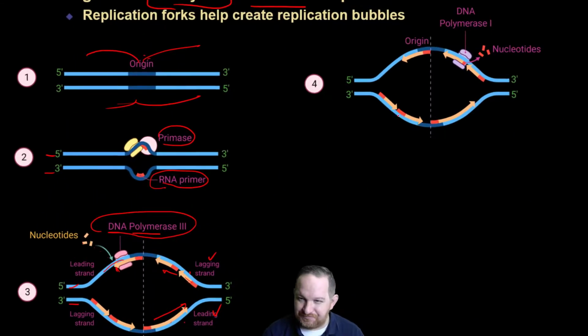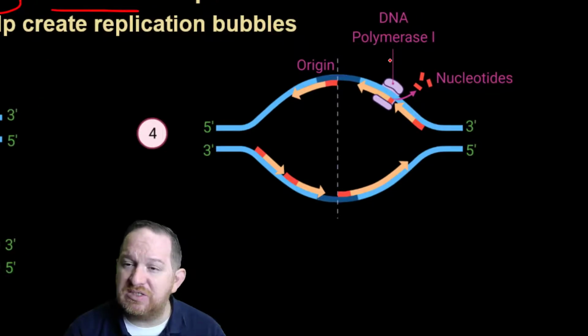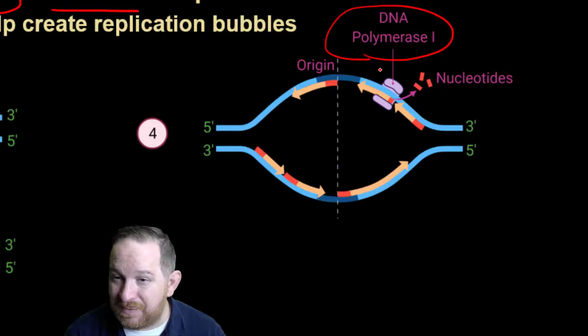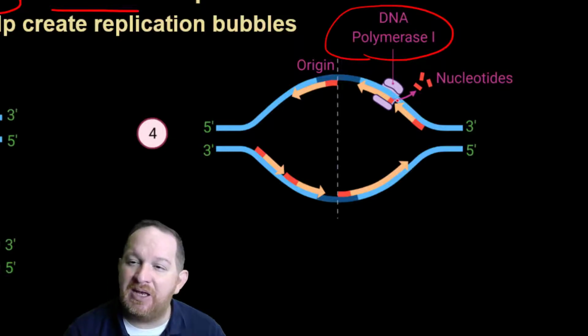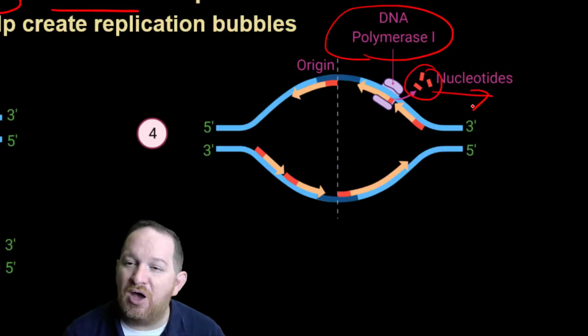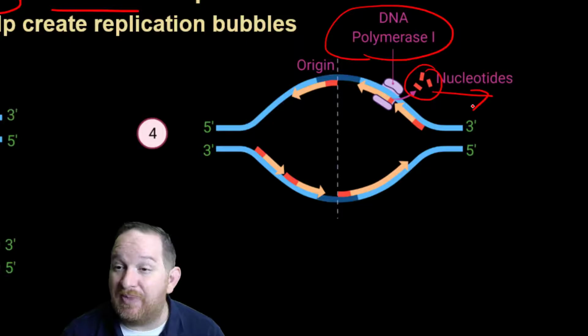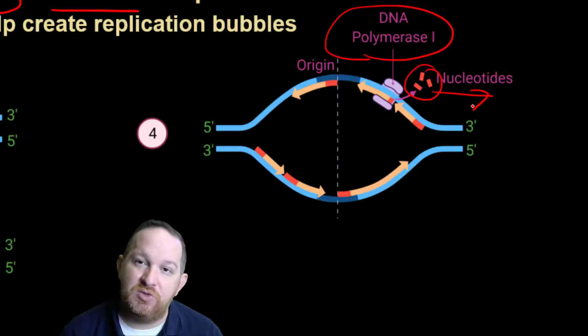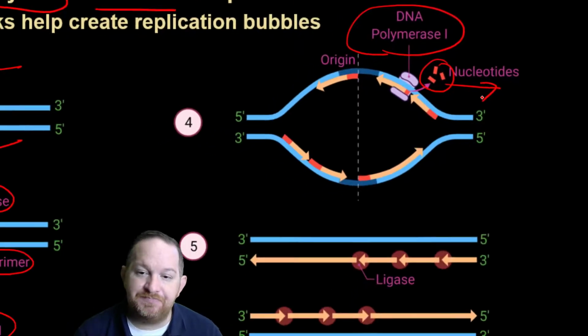Step 4, what we have to do is a little spot checking. DNA polymerase 1 is going to come in, clean up, repair any things, and remove the RNA primer, get rid of those, so that we get the correct DNA nucleotides attached to the template strand.